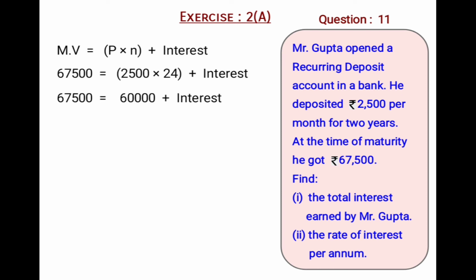Now we are going to find the value of interest. So I am transposing 60,000 to the LHS. Interest is equal to 67,500 minus 60,000. Therefore, on simplification, we will get interest is equal to rupees 7,500.